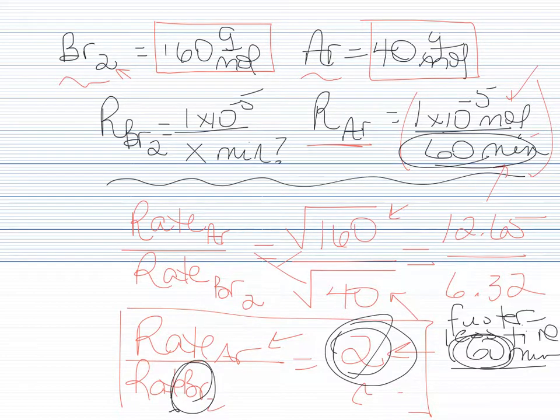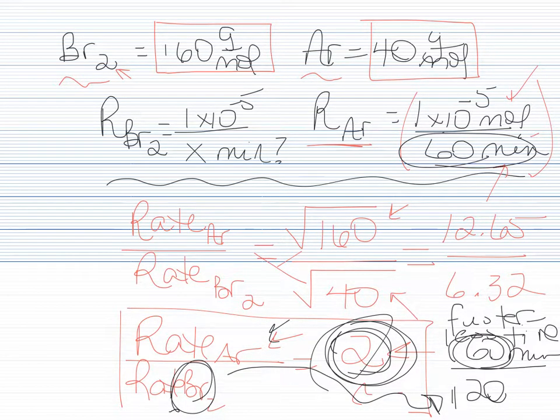So 60 times 2 is 120. That's actually the correct answer, is that the time it takes bromine is 120 minutes. Exactly twice the time it took argon, simply because argon's moving 2 times faster. If you followed that, awesome. If you didn't, don't worry. I'm going to work it out mathematically in the next page.